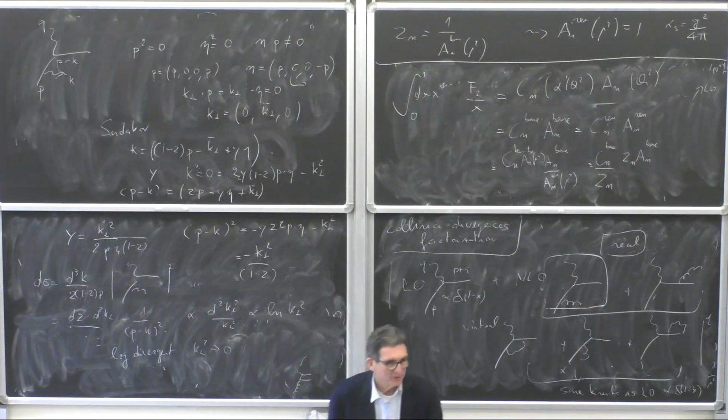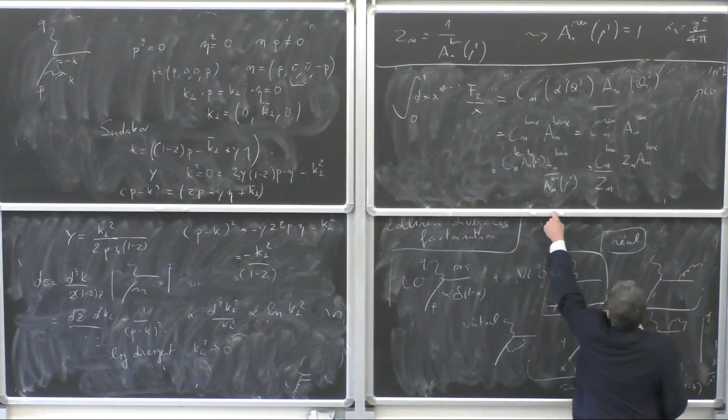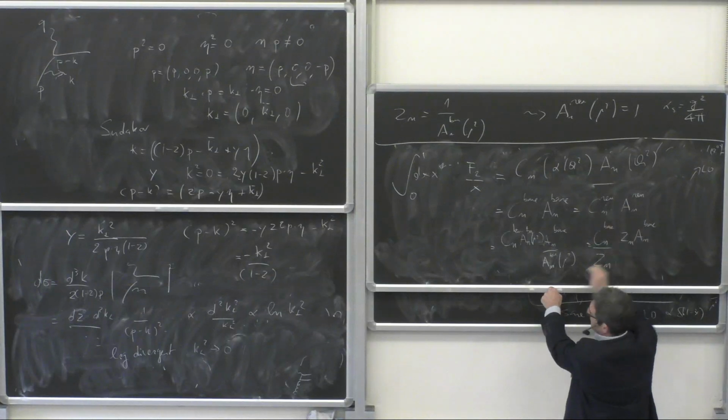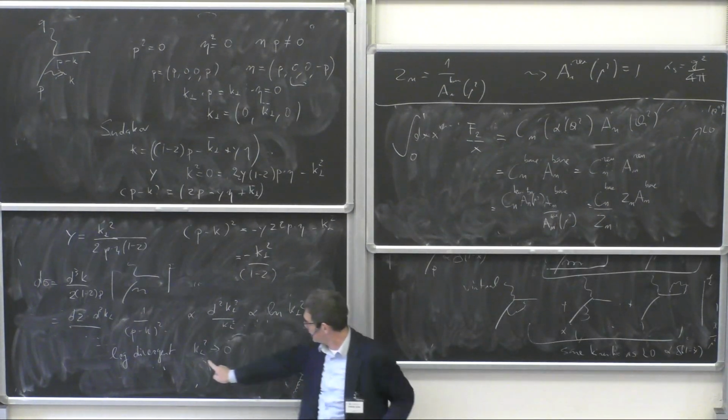So the inevitable conclusion is that the singularity that we were looking for, that cancels between coefficient function and operator matrix element, is the collinear singularity. Collinear, why collinear?